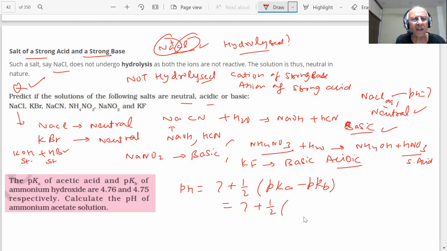What is pKa? 4.76. pKa of acetic acid and pKb of ammonia are 4.76, and minus 4.75. Then what is the value coming? It will be 7.005. So what is this, acidic or basic? It is very slightly basic.